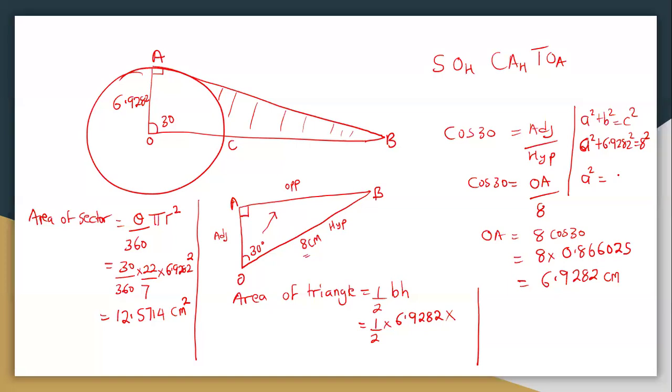It is 8 squared minus 6.92 squared. I got 4. So A is 4.